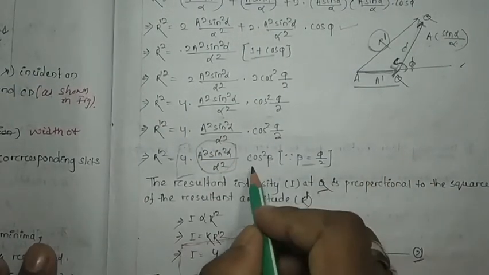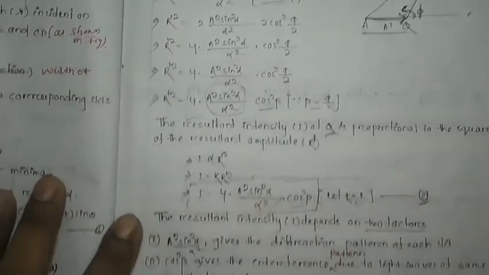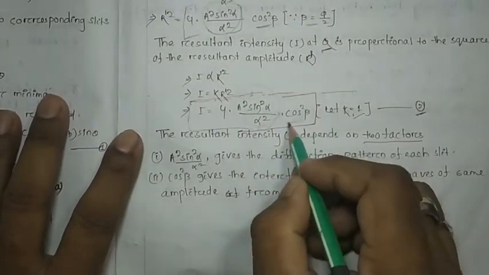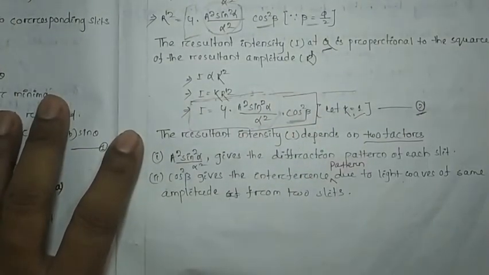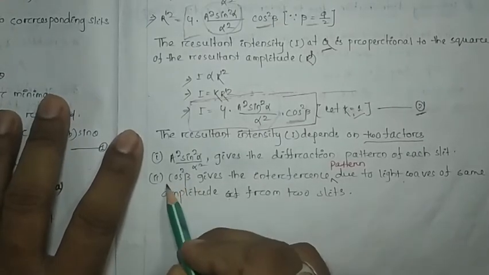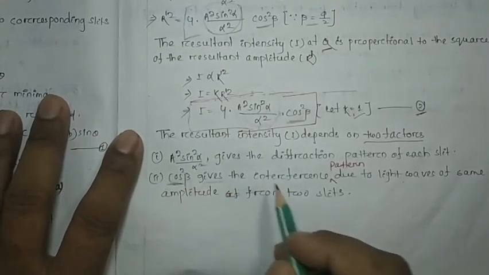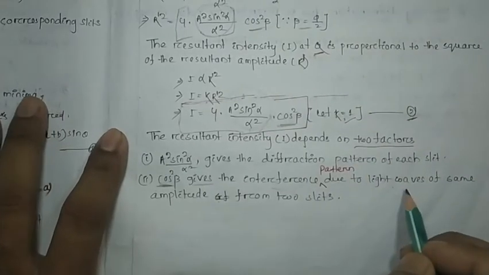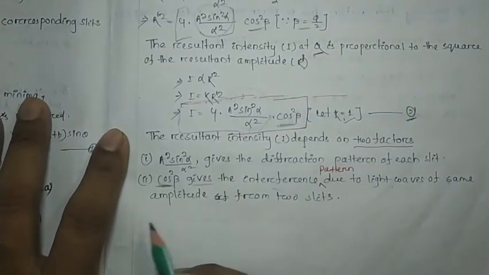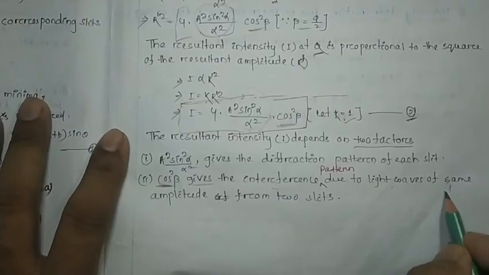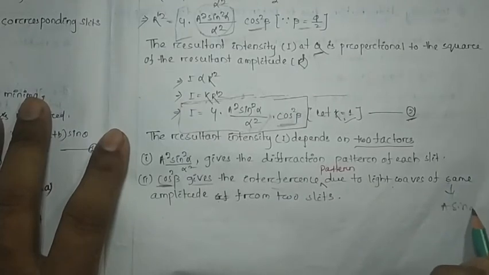Now what is this one? This one is nothing but the so-called interference of the two beams which passed through the two slits. So this cos square beta gives the interference pattern due to light waves of the same amplitude. Same amplitude means what? That is A sin alpha by alpha.